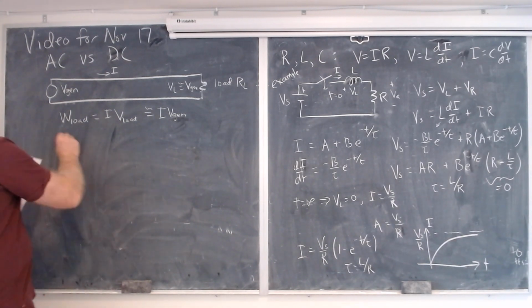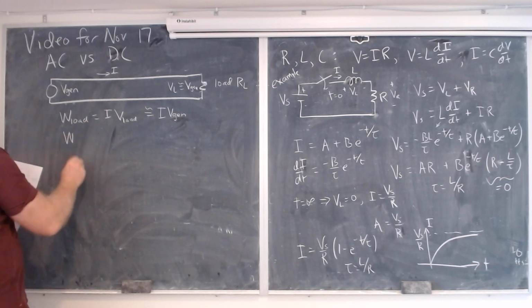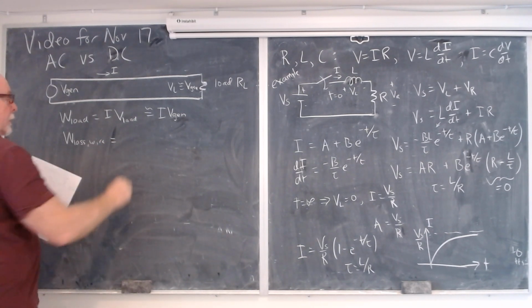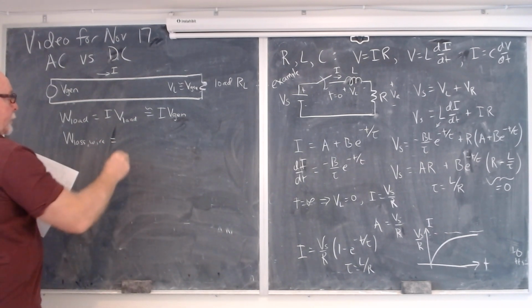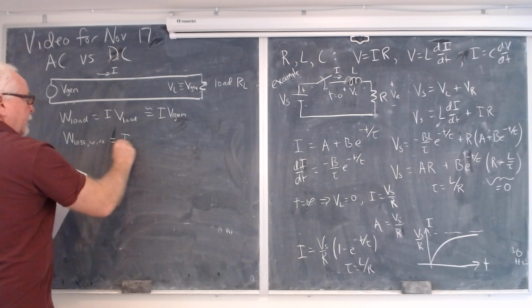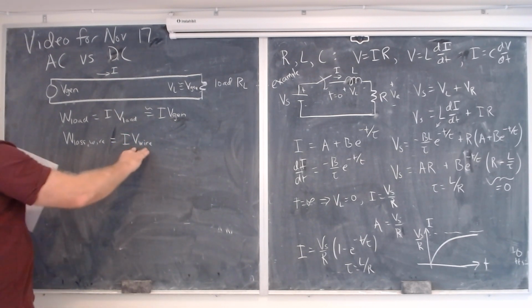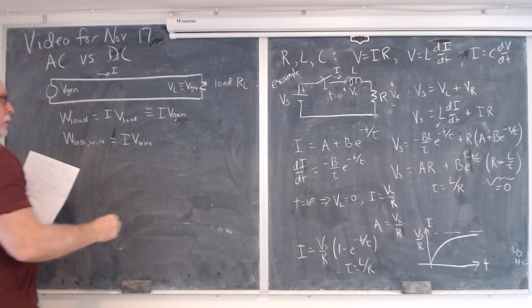Now, the loss in the wire, that's equal to I times V across the wire. Now we said V across the wire was small, so how do we calculate that?